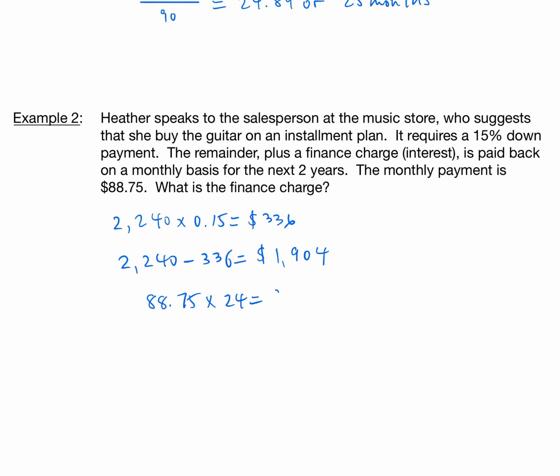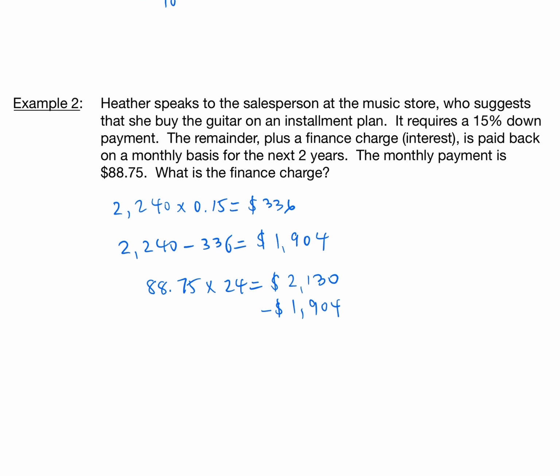And that works out to $2,130. Okay. Now we're going to have to subtract $1,904 because that was the balance of what's remaining after the down payment.